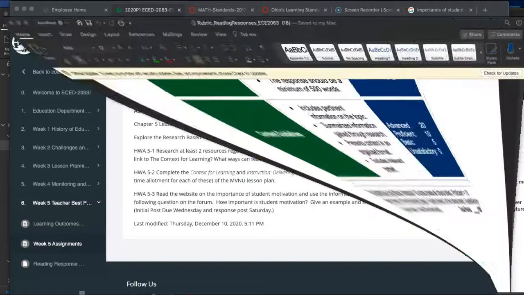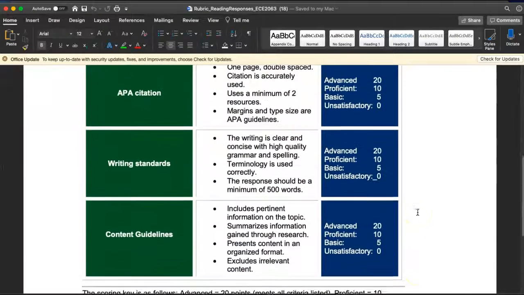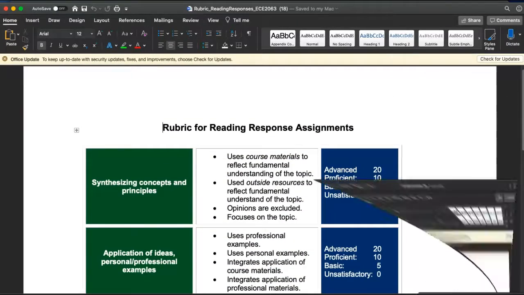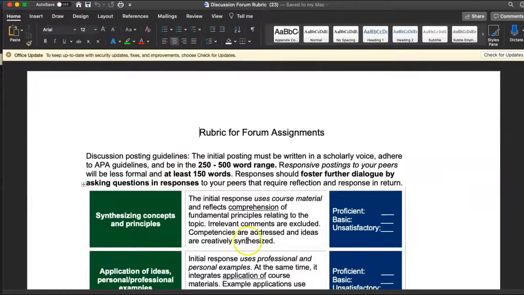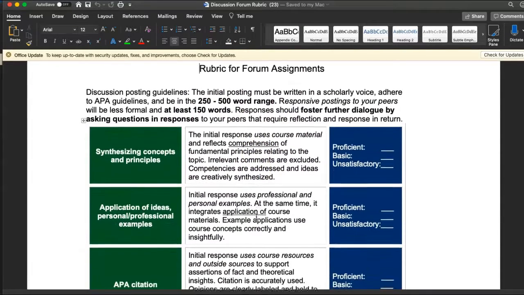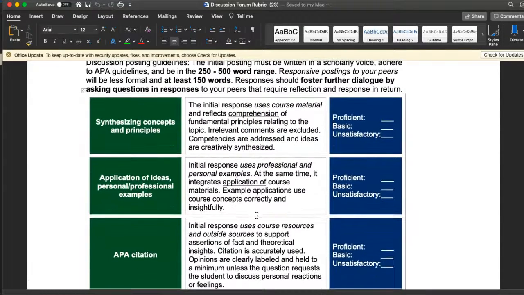Make sure that you use the discussion forum rubric to self-assess before posting.